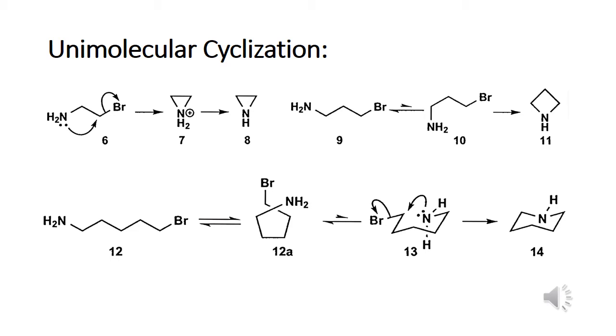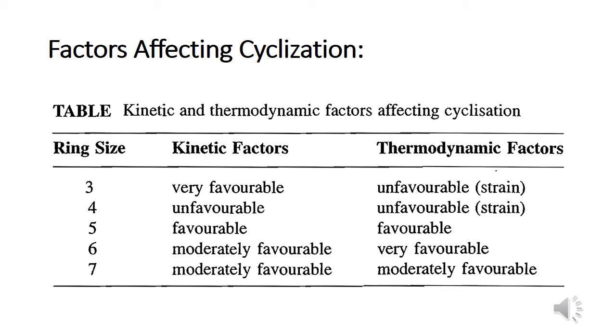So five-membered ring formation is very favorable as the conformation needed is reasonable, and the transition state and the product are unstrained, and due to this less strain, we are going to get a stable conformer. So this is what we can discuss about the different syntheses of cyclic saturated heterocyclic compounds.